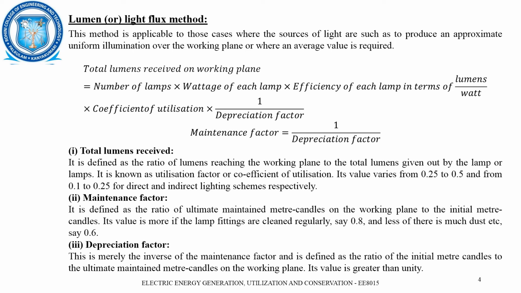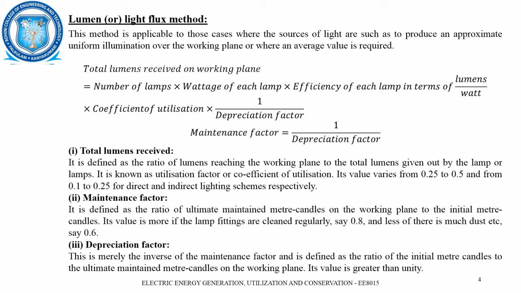Maintenance factor is nothing but the ratio of ultimate maintained meter candles on the working plane to the initial meter candles. So we know the light impact or its efficiency at the initial stage. After a few months or years or usage hours, how you are maintaining the candles so that the illumination level is better.